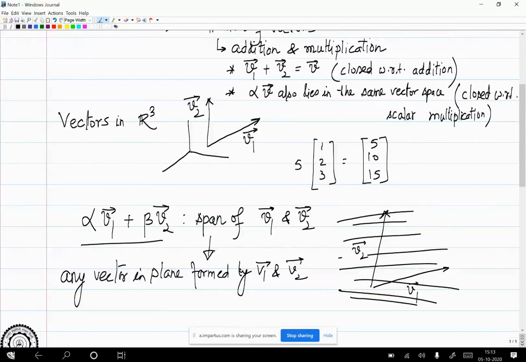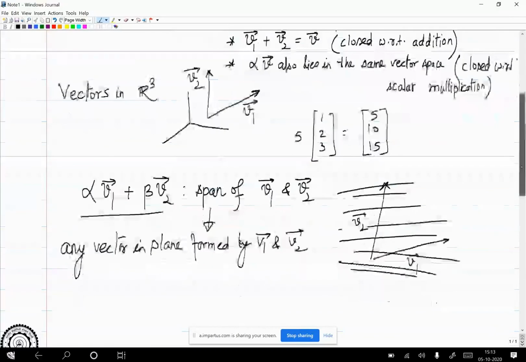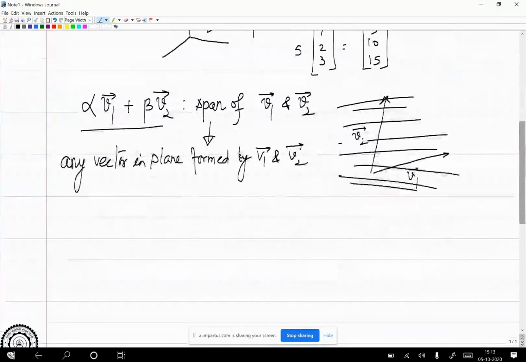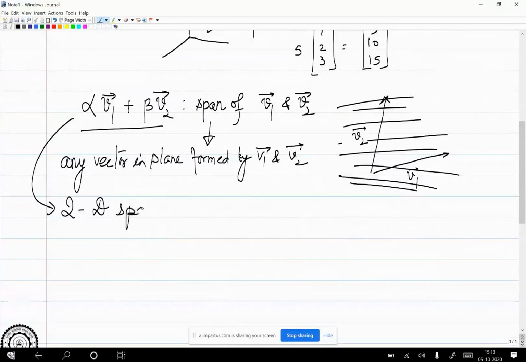Here the span is a two-dimensional plane when you do addition of two vectors with arbitrary scalars alpha and beta. But with multiplication, what you get is a one-dimensional space, a single line. So this is also called a two-dimensional space, 2D space, whereas alpha times v is a one-dimensional space.